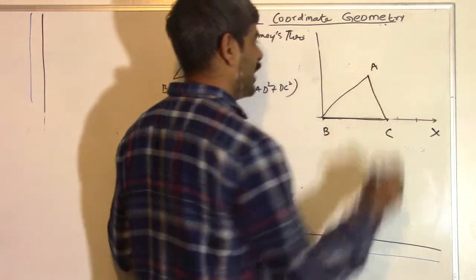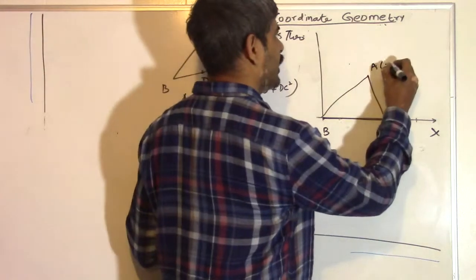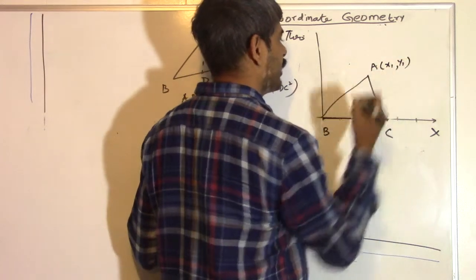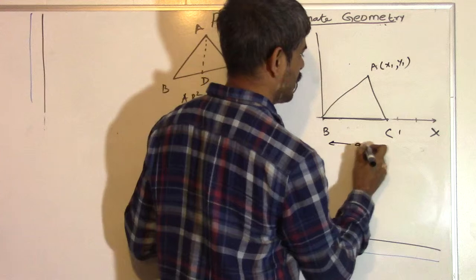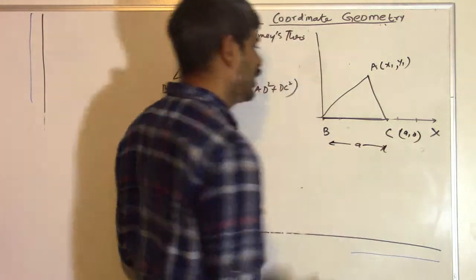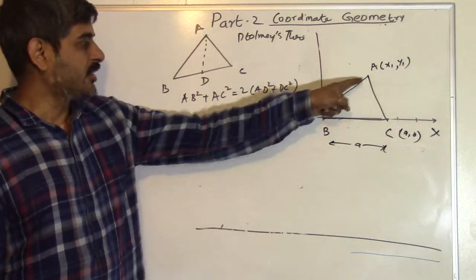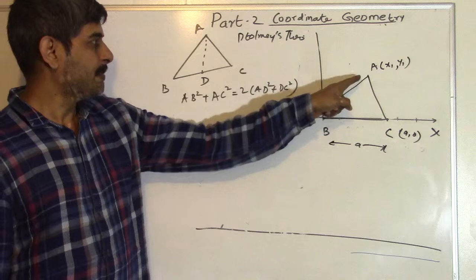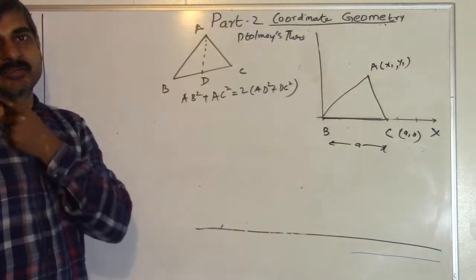A has to be any random point, and let us call it x1, y1. And let us say this length is a, so the coordinate of this point will be a and 0. So with these variables we are going to try to find out what is the left hand side and what is the right hand side.